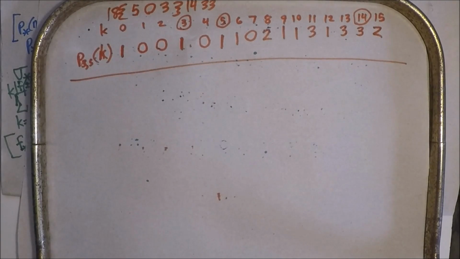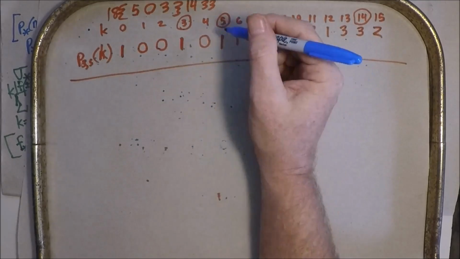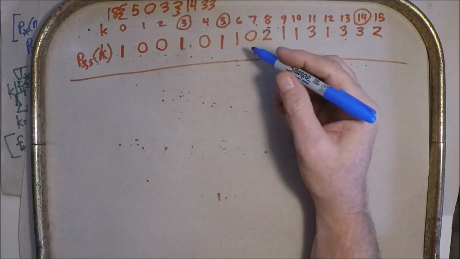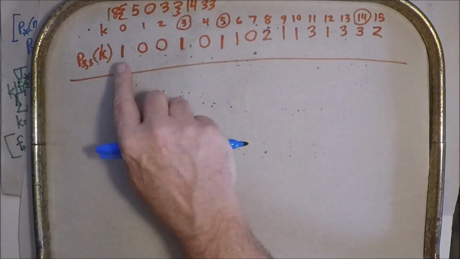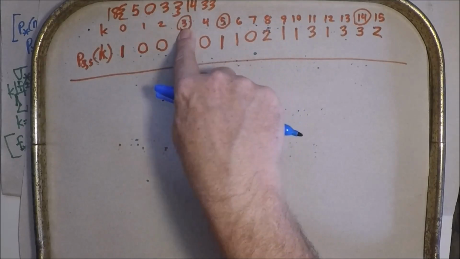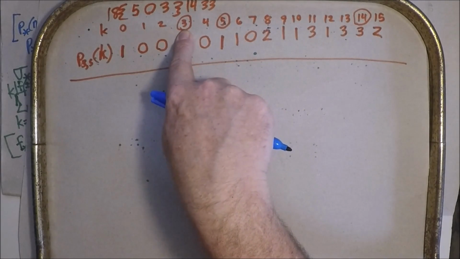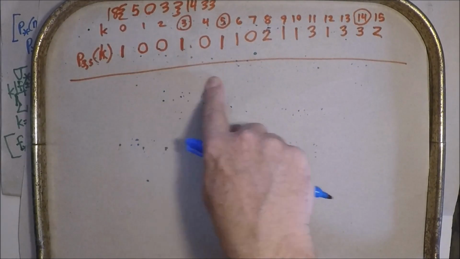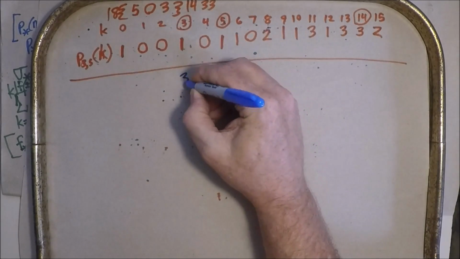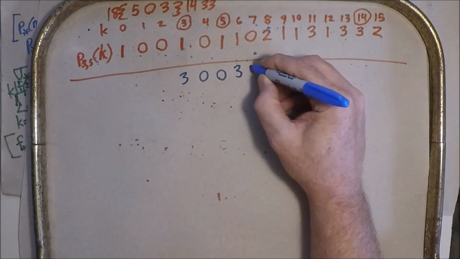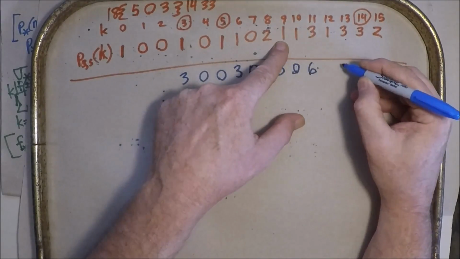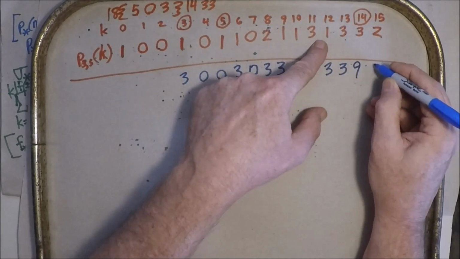So now let's do our derivation of sigma alpha beta. And so to do that, we're going to copy this sequence, multiply it by the quadratic number, and list it out. And so this is plus 3 times this is 3. 0, 0, 3, 0, 3, 3, 0, 6, 3, 3, 9, 3.